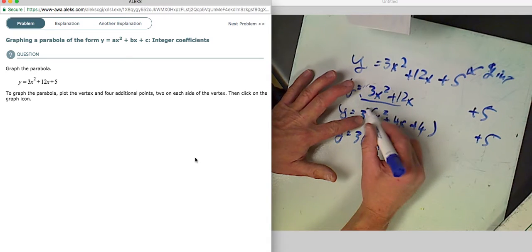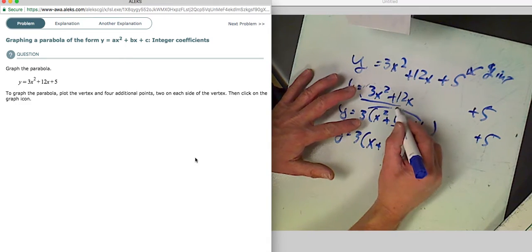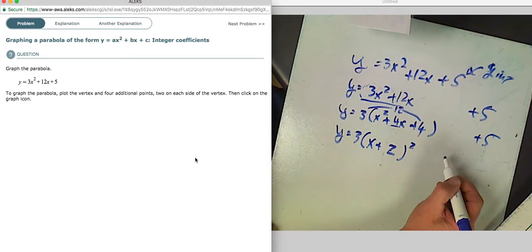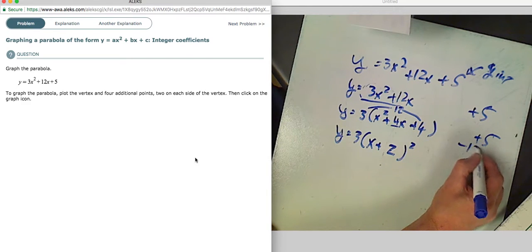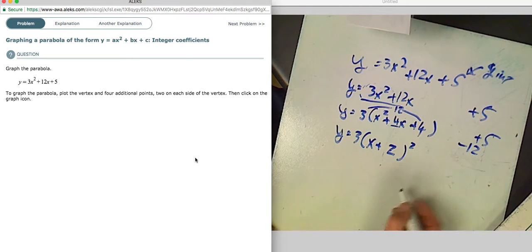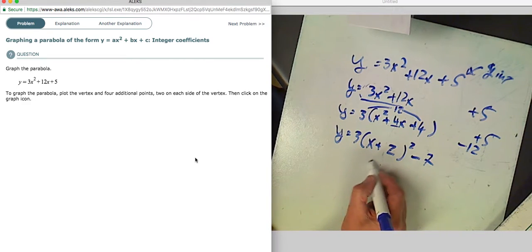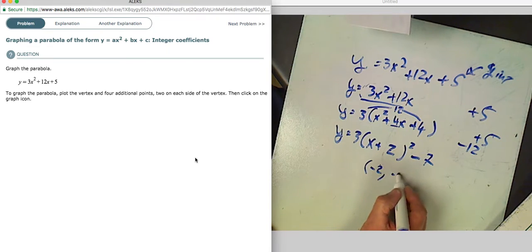Now I've actually added 3 times 4, which is +12 here, so I'm going to subtract 12 over here. 5 minus 12 is -7. So now my vertex is at the point -2, -7.